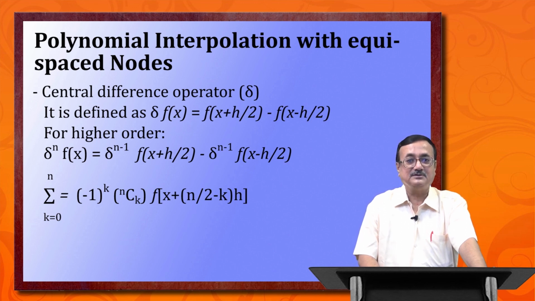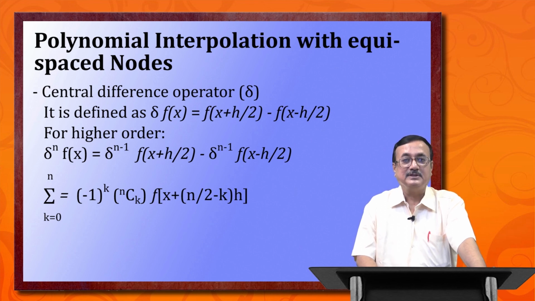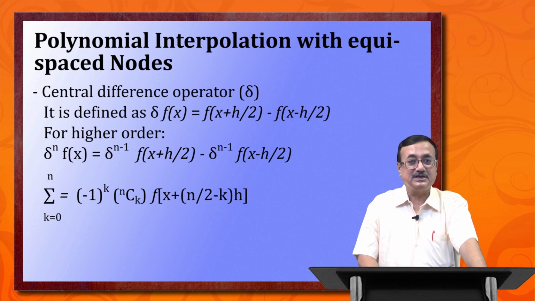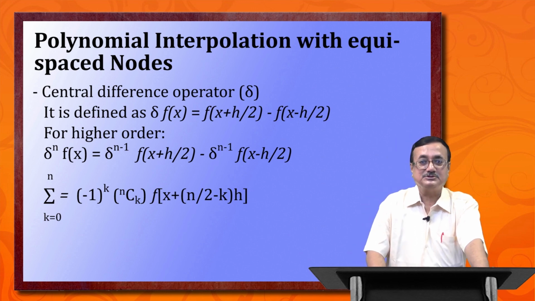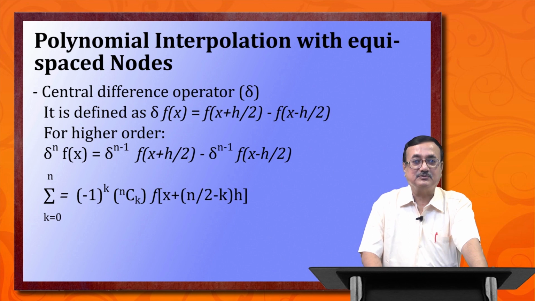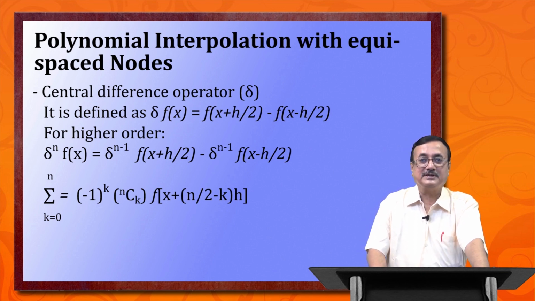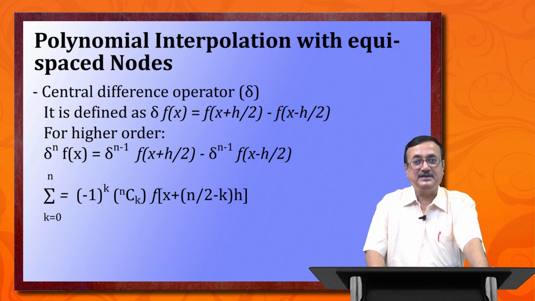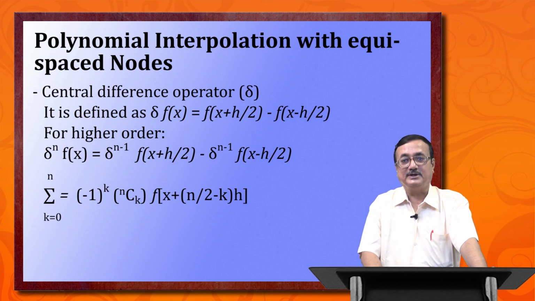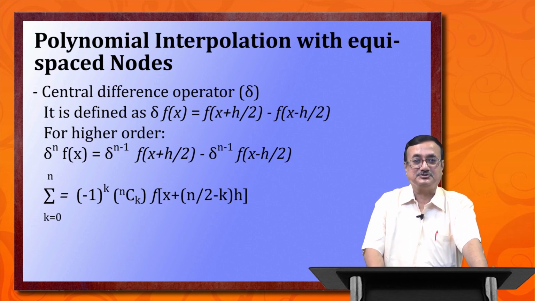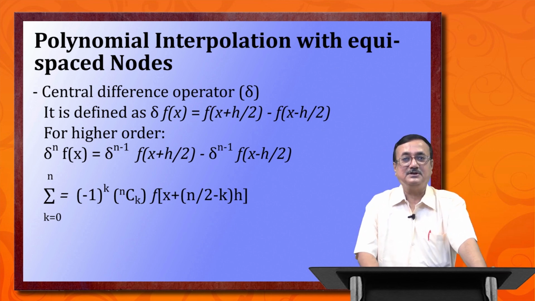Similarly, the higher order central difference operator can be defined as delta n f(x) equal to the summation over k equal to 0 to n of (minus 1) to the power k, nCk, into f(x plus (n by 2 minus k) h). This is the central difference operator delta.